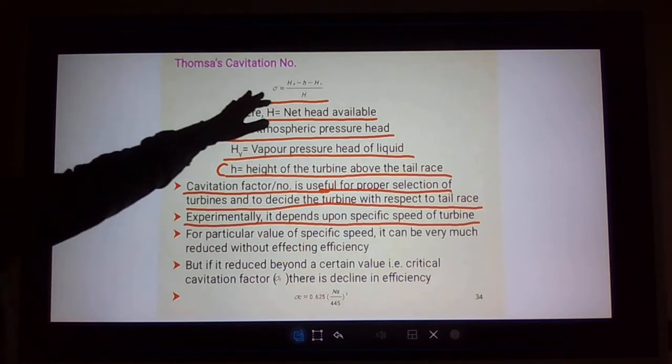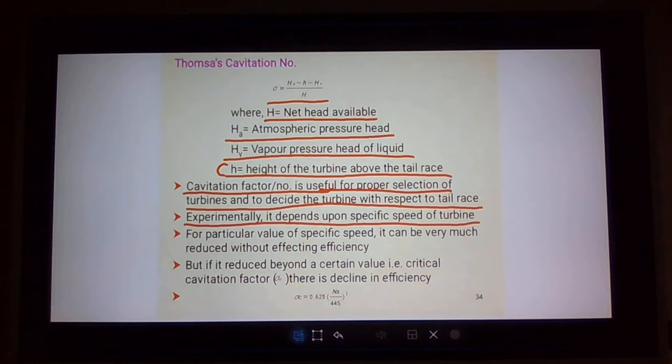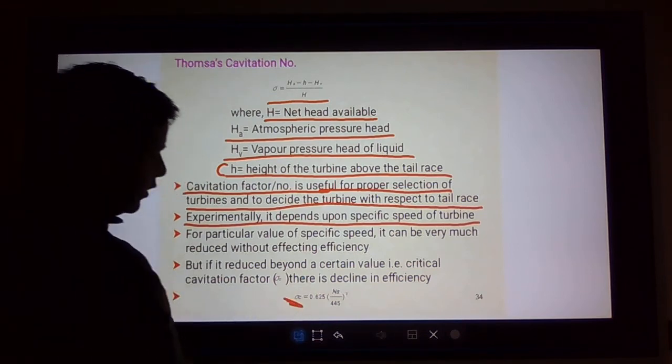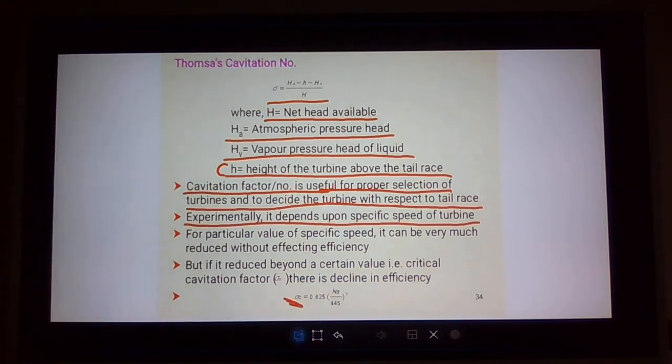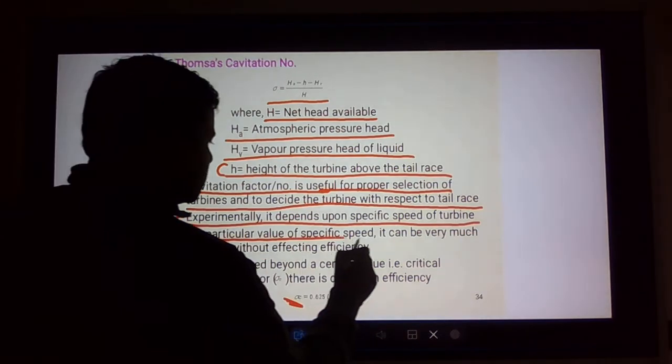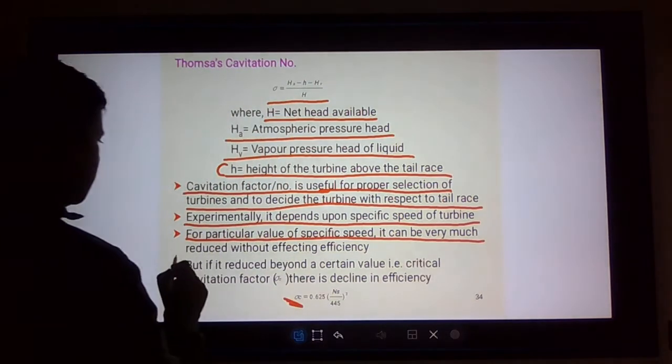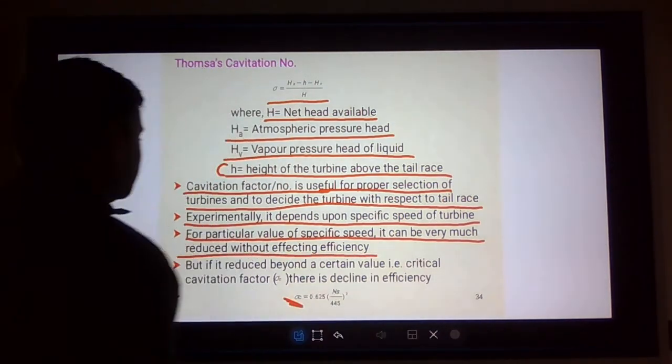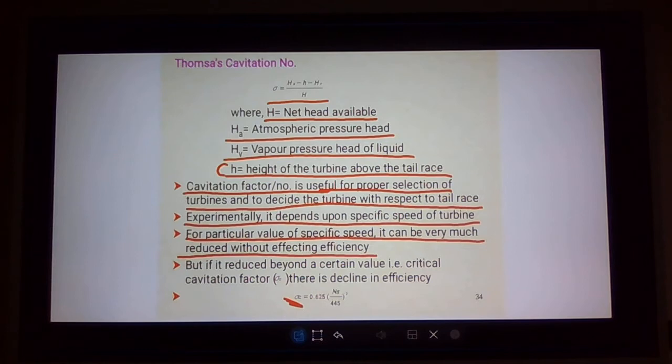So the specific speed of the turbine has a very important role in the case of this sigma. So how will you calculate this value of sigma? You will calculate this Thoma cavitation factor. Okay. Now this specific speed of the turbine will let you calculate the critical value of this Thoma cavitation factor. Okay. So for a particular value of the specific speed, you can reduce this value of sigma without affecting any efficiency.